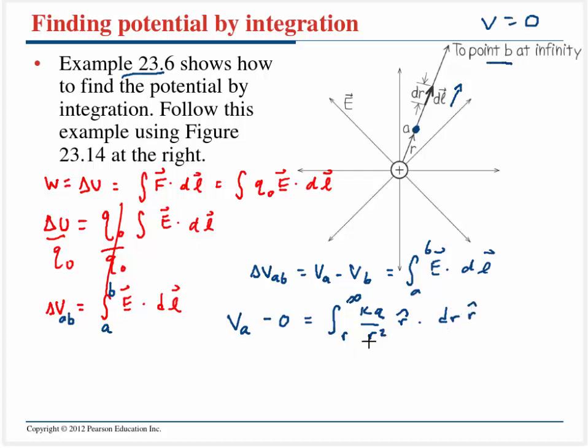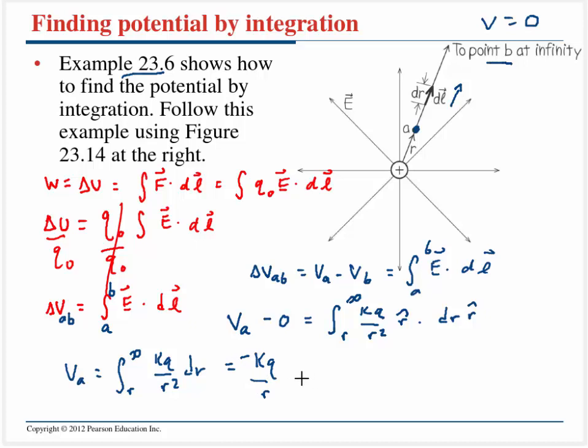They're in the same direction, so really I'm left with the voltage at A is equal to the integral from r to infinity of kq divided by r squared dr. And we know the integral of 1 over r squared is going to be negative 1 over r, so that's going to be equal to negative kq divided by r.